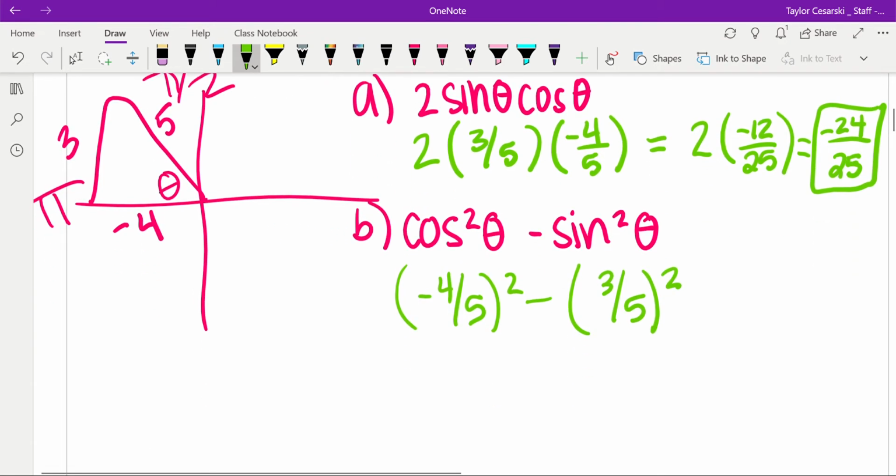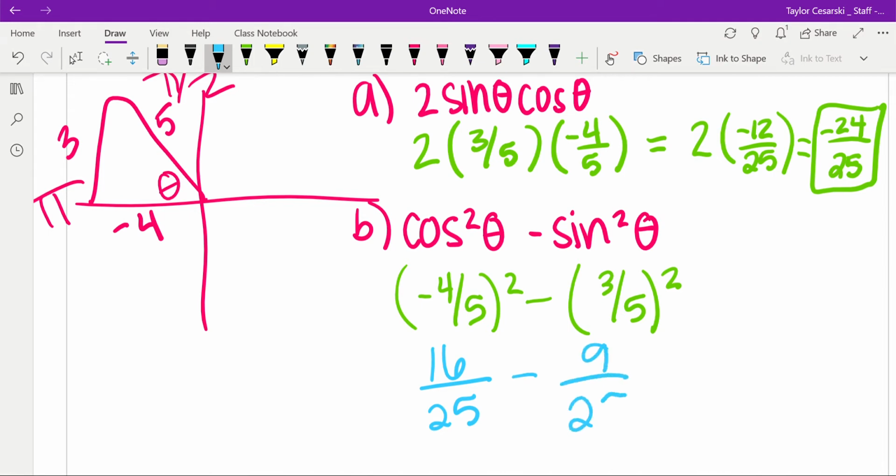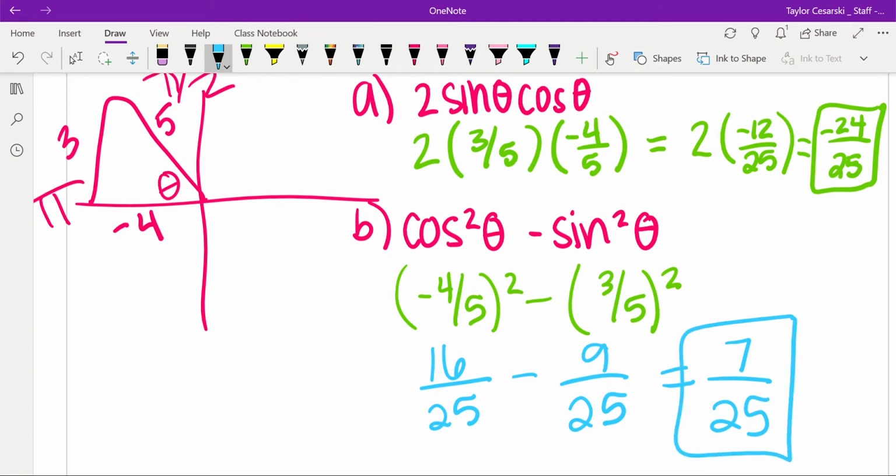So -4/5 squared gives me 16 over 25, and notice that's positive because a negative times a negative is a positive, minus 9 over 25 equals 7 over 25 when I subtract them. No matter which of your three identities for cosine of 2 theta you used, you should get the same answer. Okay? Alright, next page.